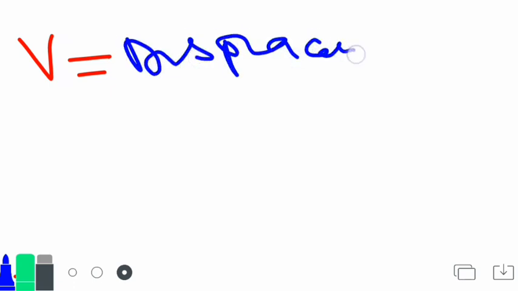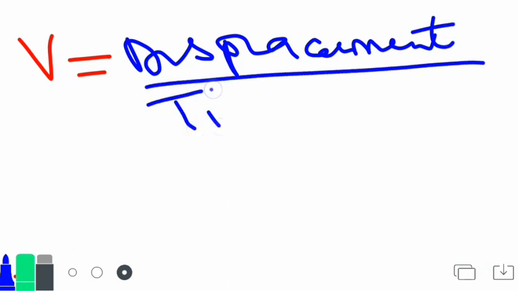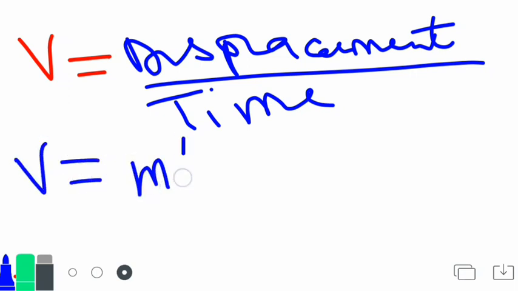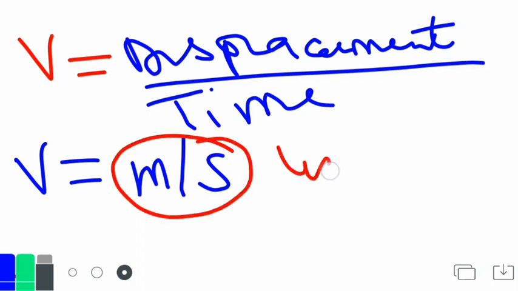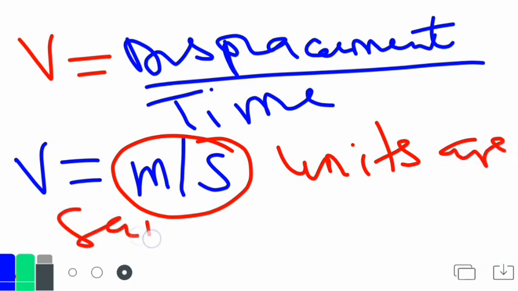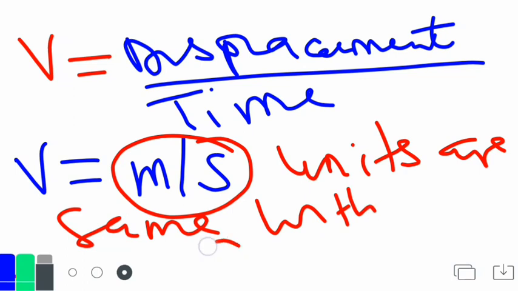We have to be more specific about velocity, because velocity is a vector quantity, and therefore the units of velocity are meters per second. Okay. So the units are the same as speed.